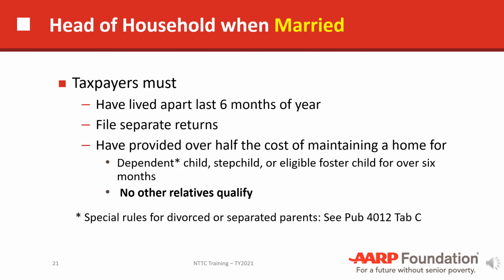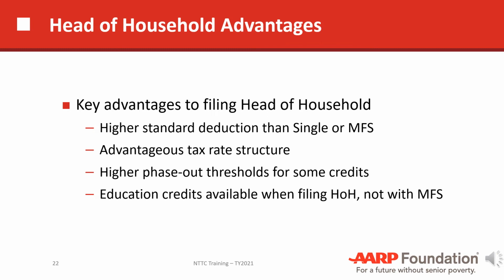Now, in this case, with married people, there are no other relatives that qualify. It's only the dependent child, stepchild, or eligible foster child. Special rules apply for divorced and separated parents. Again, 4012 tab C. What are some of the advantages to filing head of household?